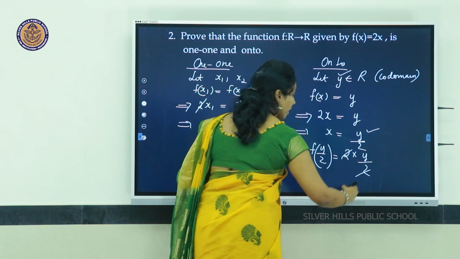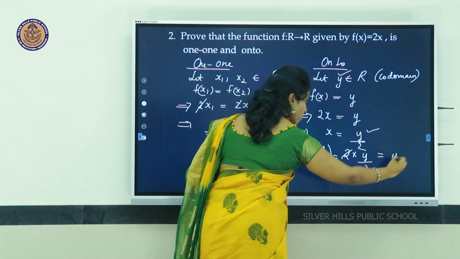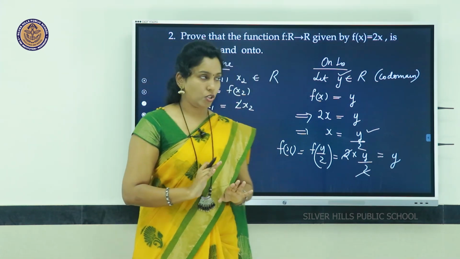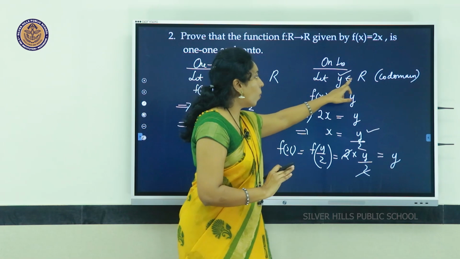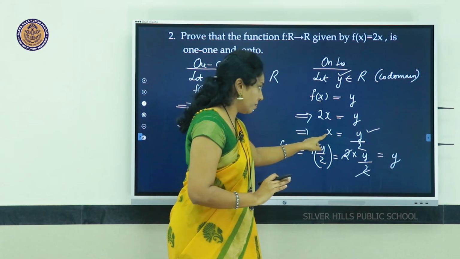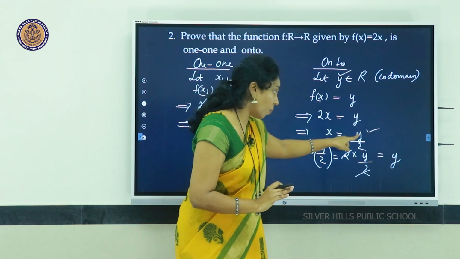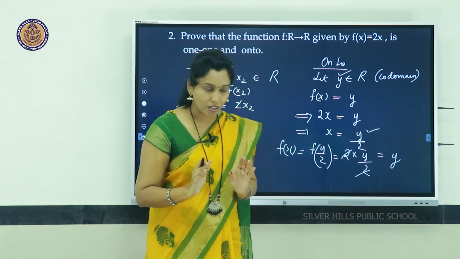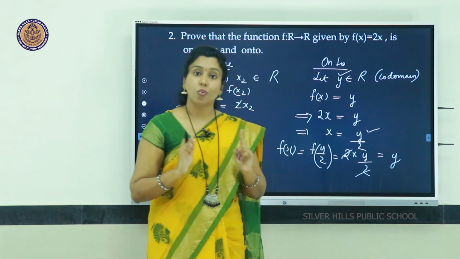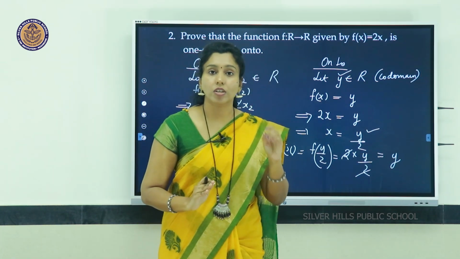Are we getting y as the answer? Yes. So, we got y as the answer. So, come back to the definition. For every y in the codomain, I got an x. What is that x? Say y by 2, such that f of x is equal to y. So, we proved the given function is onto.